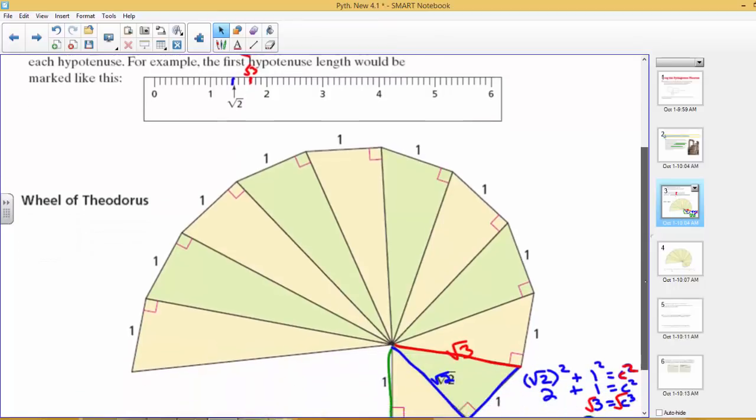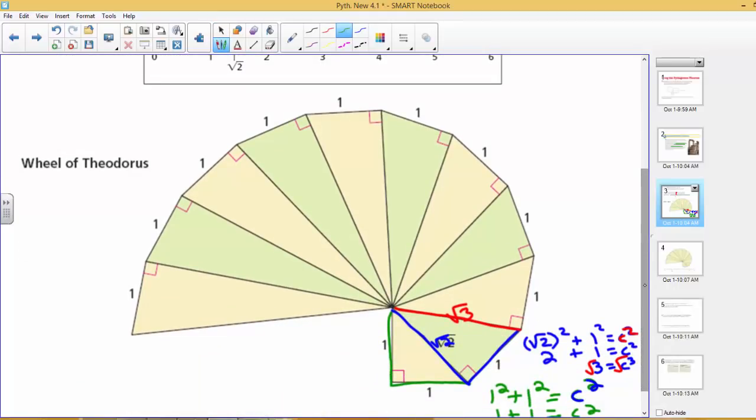All right, next up, we have the square root of 3 by 1. So the square root of 3 squared plus 1 squared will equal c squared. This time we're looking for this hypotenuse. The square root of 3 squared is 3, 1 squared is 1, therefore c squared is going to be equal to 4.